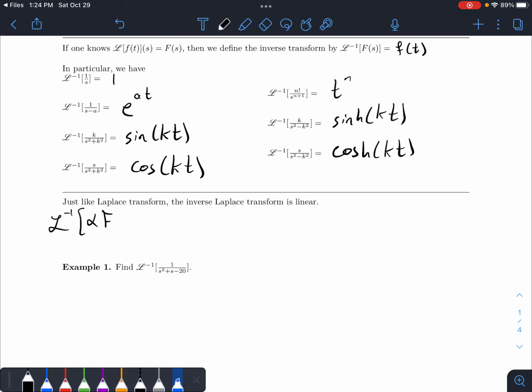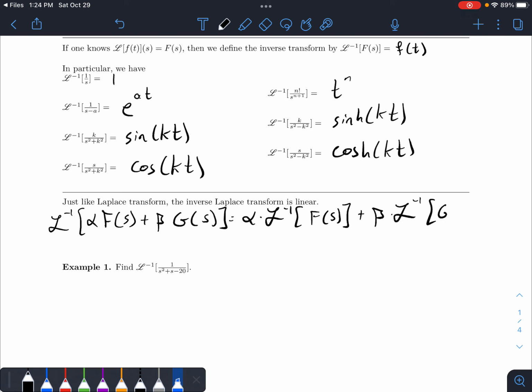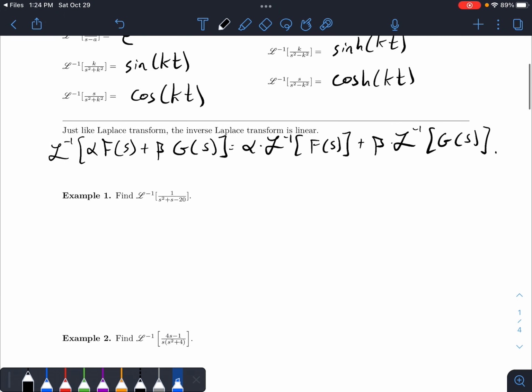So the inverse Laplace transform of some constant alpha times capital F of s, right, because your Laplace transform's variable is going to be s, plus a constant beta times some other Laplace transform, capital G of s, we can just split this up as alpha times the inverse Laplace transform of capital F of s plus beta times the inverse Laplace transform of capital G of s.